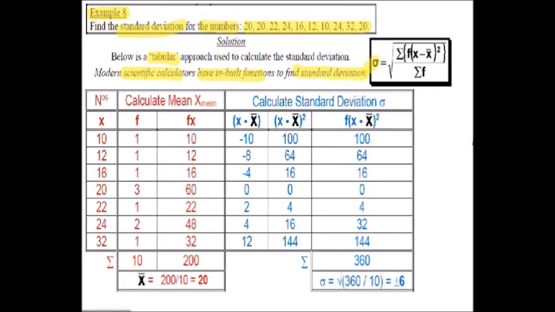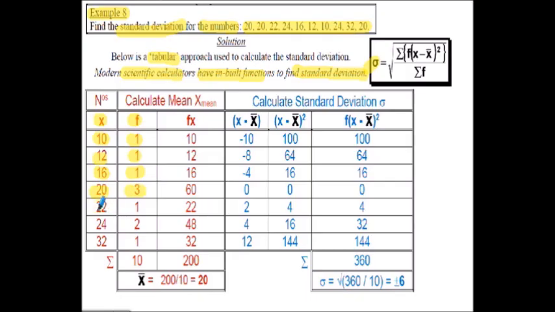Using our tabulated method, on the left-hand side I've got my x and my frequency values from the question given. I've just written these in ascending order. I've got the value of 10 that occurs once, the value of 12 occurs once, the value of 16 occurs once. The value of 20, if we look at the list of figures above, occurs 3 times.